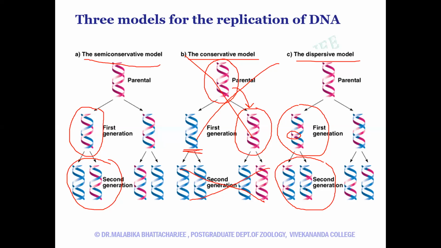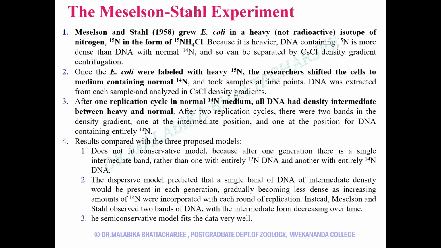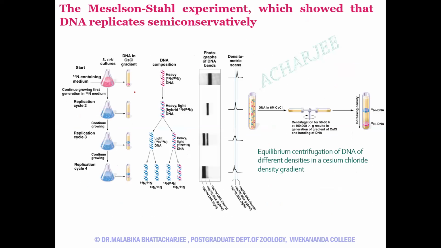And what did the experiment show? The experiment showed that DNA was obtained in two bands, one light band and one intermediate band. When this happened, it conclusively proved that DNA replication follows the semi-conservative mode of DNA replication.